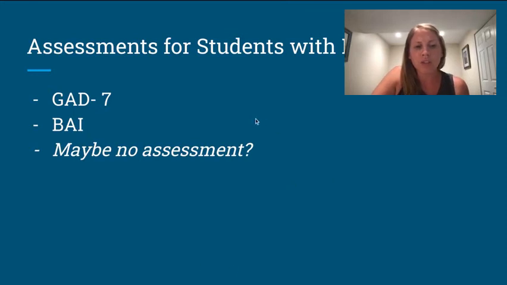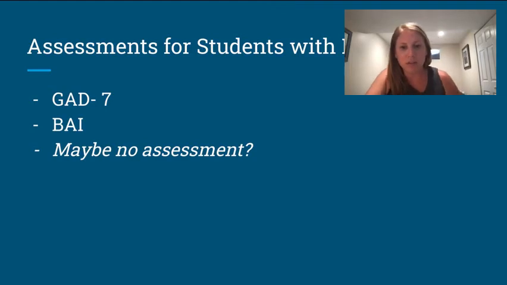So I chose the Generalized Anxiety Disorder 7, the GAD-7, that could give us some present levels for their anxiety that may be presenting because of their dyslexia, as well as the Beck Anxiety Inventory, that gives some really good physical symptoms and outward things that a student may be feeling in a moment of test anxiety or performance anxiety. I also want to bring up that maybe we don't need to assess a student with dyslexia, given that they have anxiety around testing, that we don't want to do more harm than good in a situation where we're trying to support a student with dyslexia.